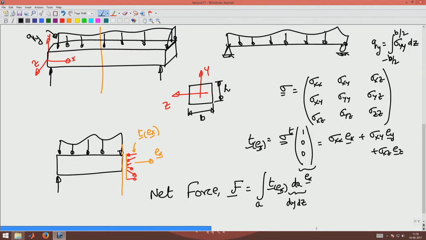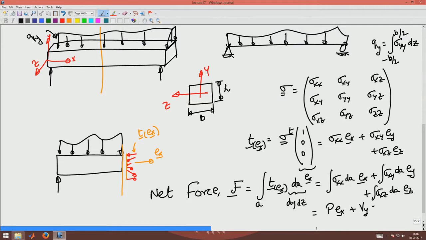I have to integrate this over dy and dz, then I will get this as integral sigma xx dA Ex plus sigma xy dA Ey plus sigma xz dA Ez. Now, this we write as the axial load P times Ex plus the shear force Vy acting along Ey direction plus the shear force Vz acting along Ez direction. This is the net force vector acting because of that exposed traction.